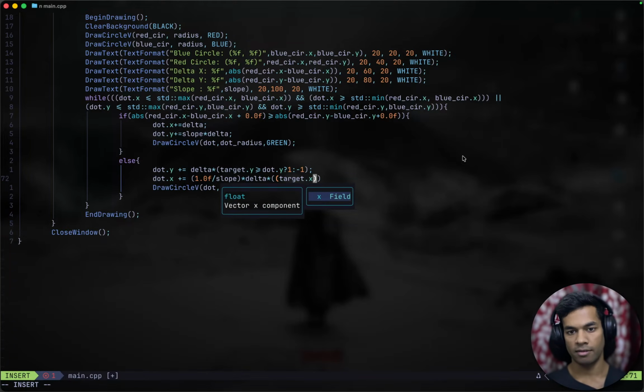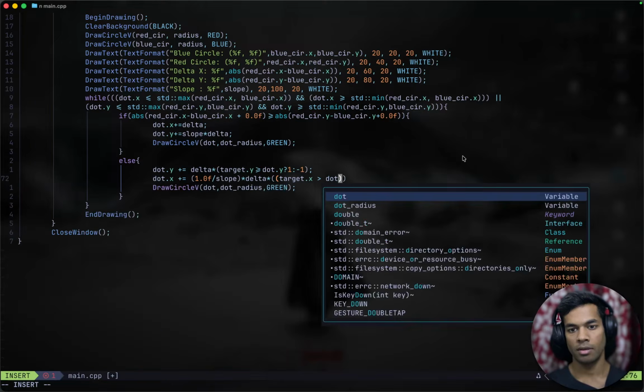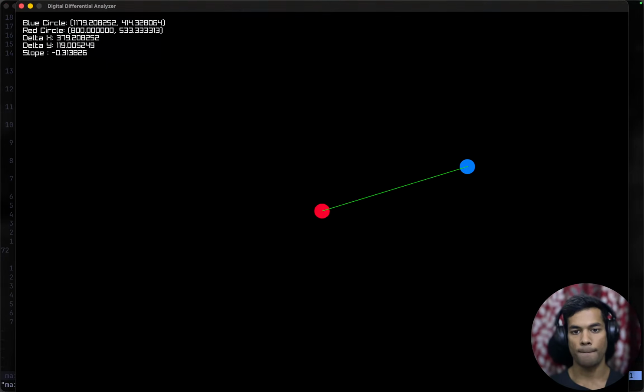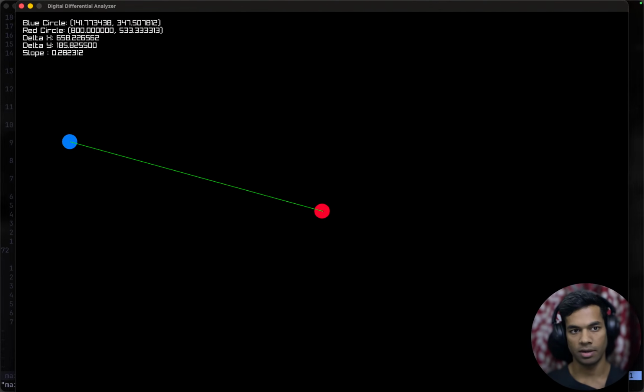Target dot x, if greater than dot x, then multiply by 1, otherwise multiply by -1. Okay, at least this is not getting stuck. That is an accomplishment.